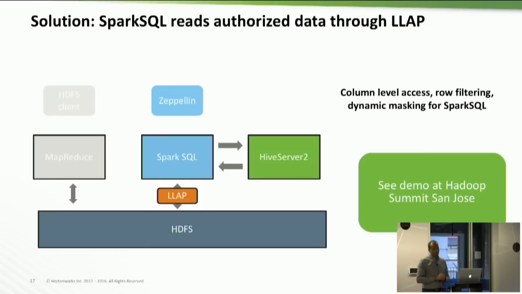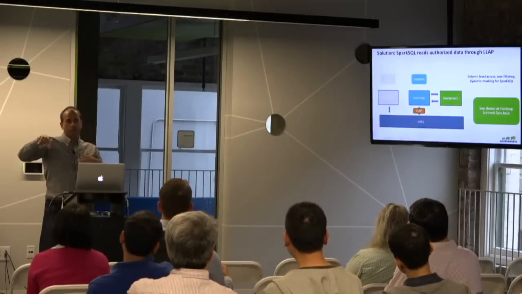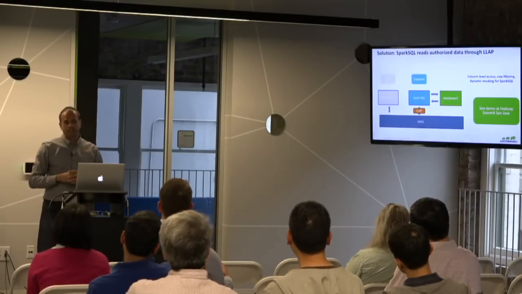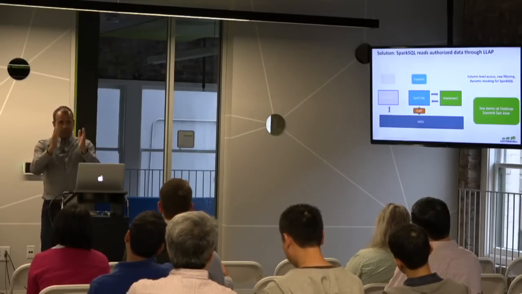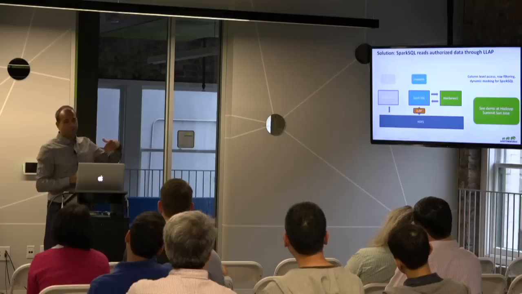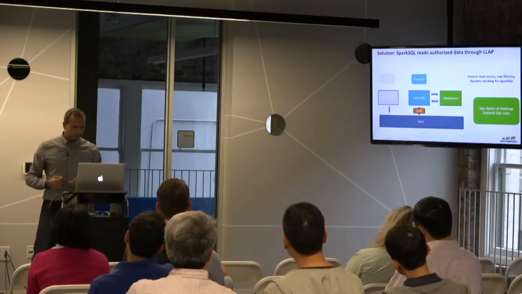Or you can hide some rows from marketing, so maybe show certain SSNs but not all. Or you can even hide certain columns from marketing. All that is possible, and we'll show a demo of that.